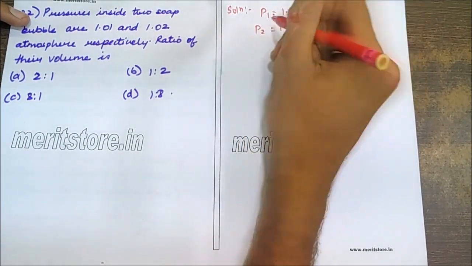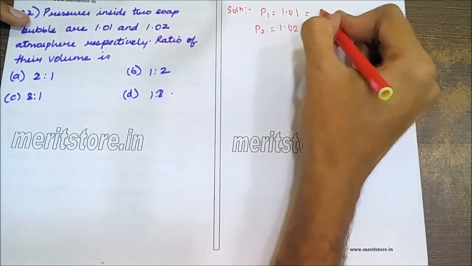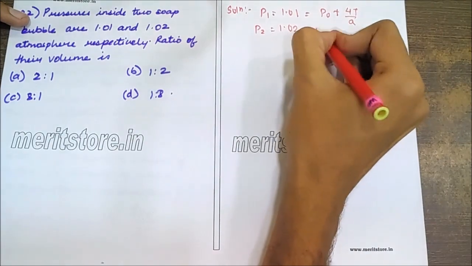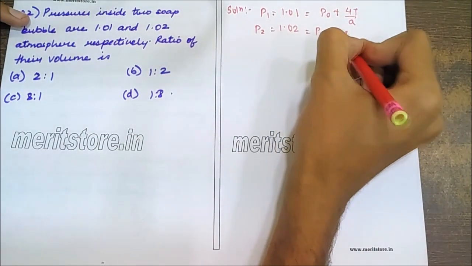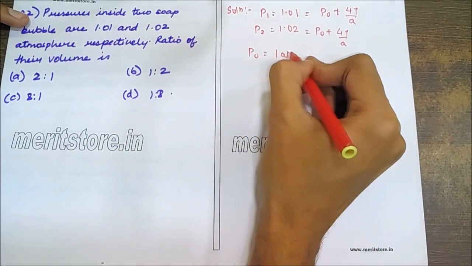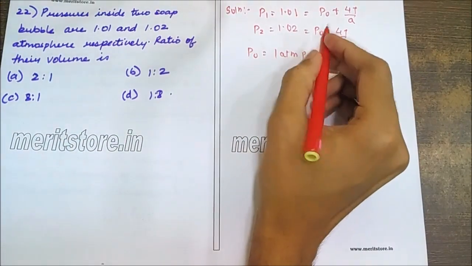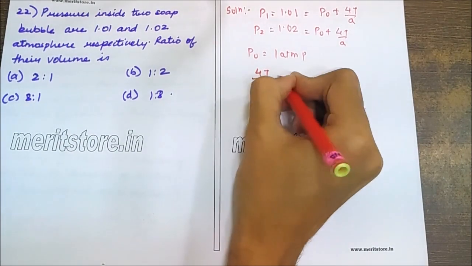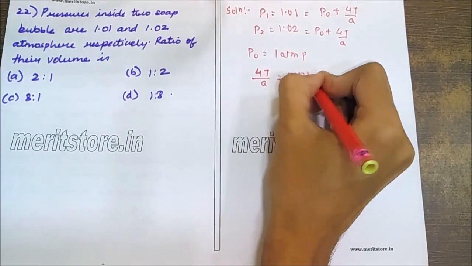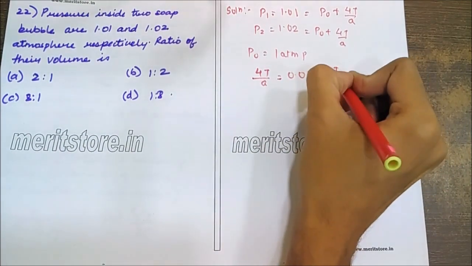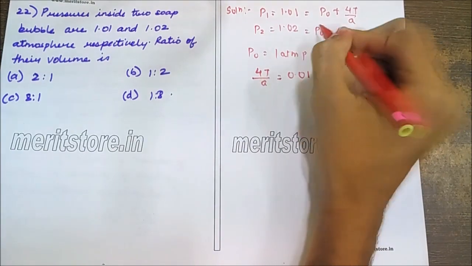In terms of atmospheric pressure we have the equation P0 plus 4T upon A, where P0 is 1 atmospheric pressure. So the equation is 4T upon A equals 0.01, and we can take B for the other one.